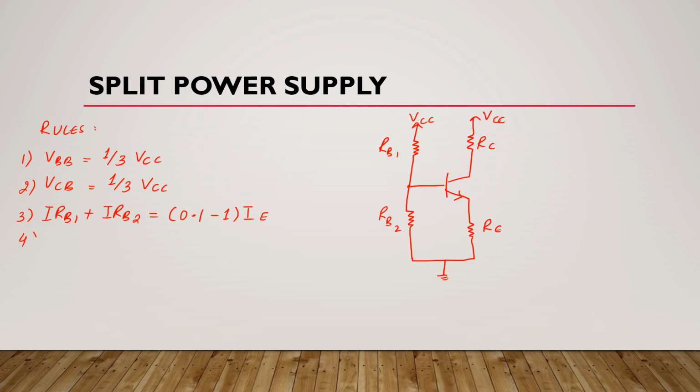Fourth rule is VEE is equal to 1/3 of VCC, and fifth rule is ICRC, which is equal to 1/3 of VCC. Okay, so these are the rules of scheme 1, which is split power supply.